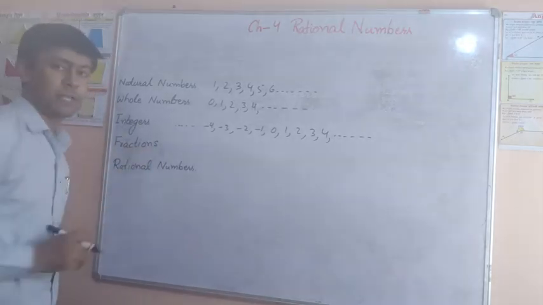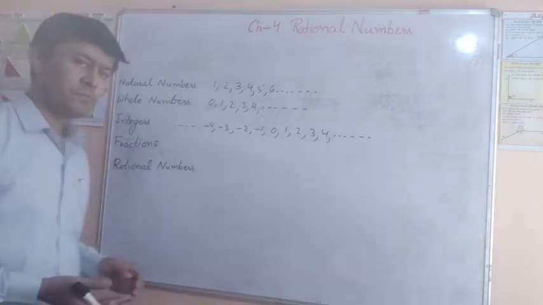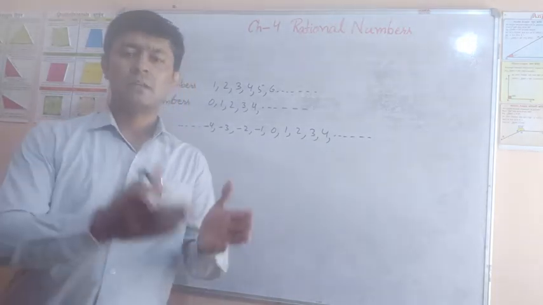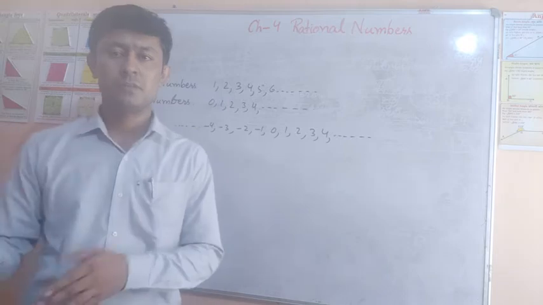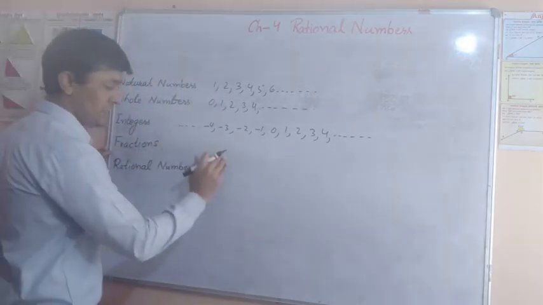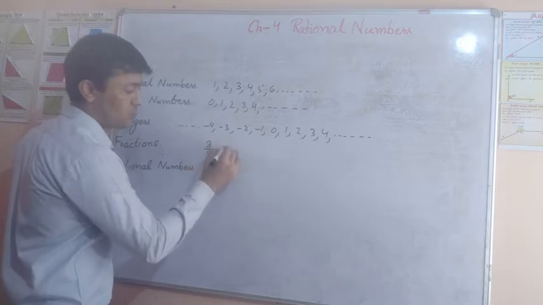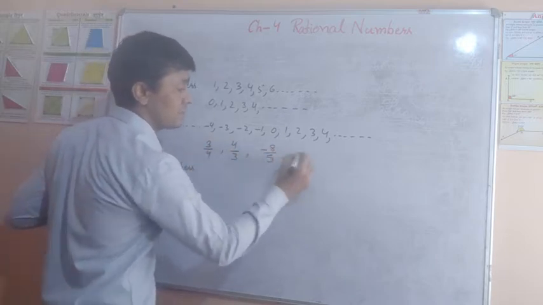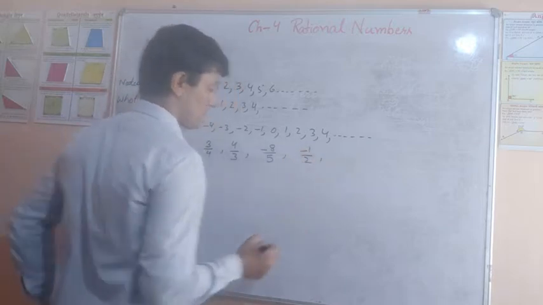And then the fractions. Different types of fractions are there. You have already studied in class 6 as well. See, mixed fractions, proper fraction, improper fraction and several other types also. So the fractions are, suppose, 3 upon 4, 4 upon 3, minus 8 by 5, minus 1 by 2.